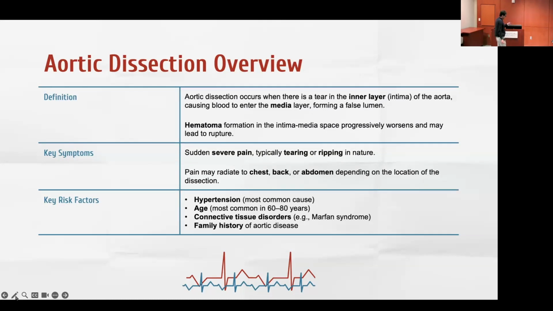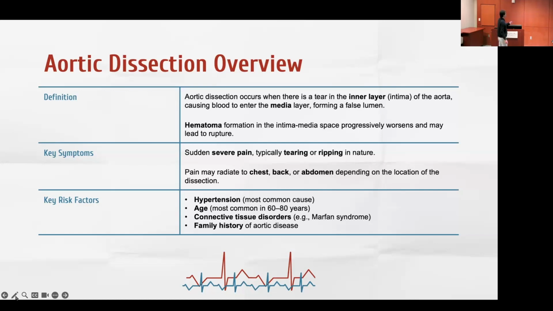Because of that, hematoma formation can occur, and the problem is that because it's so high pressure, the hematoma will propagate and can cause the tear to descend deeper and deeper, for example into the distal aspects of the thoracic aorta.